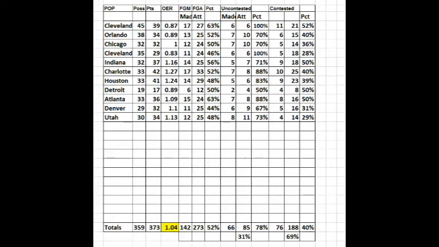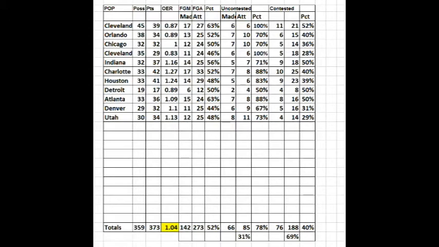They shot 52% on contested shots, which is very good. It's hard to say, that's just one game. But that's what this chart tells us. They tell us every team, what they did and how many positive possessions they got.